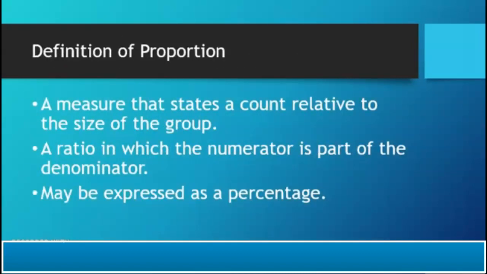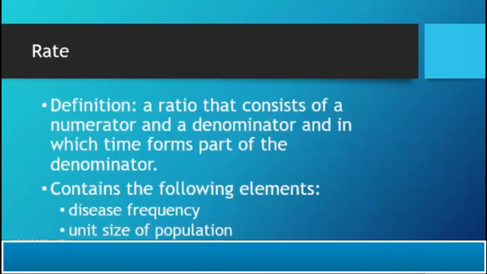Now, a proportion is a measure that states a count relative to the size of the group. I'm going to give you an example, since sometimes it might not be as clear what it means. A proportion is a count relative to the size of the group, but a rate is a ratio that consists of a numerator and a denominator in which time forms part of the denominator.